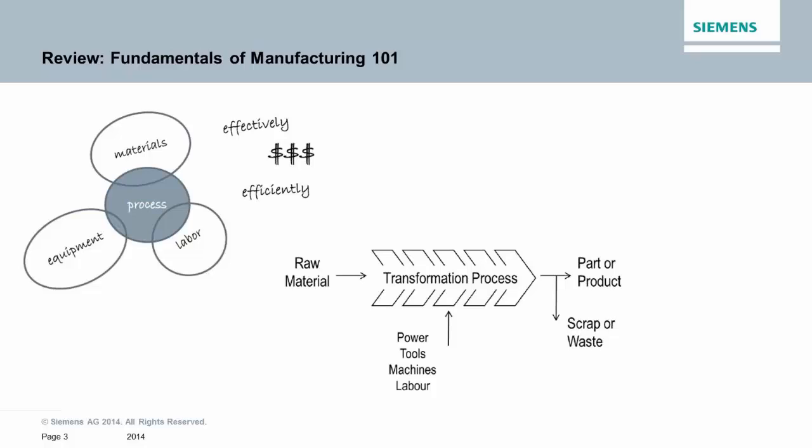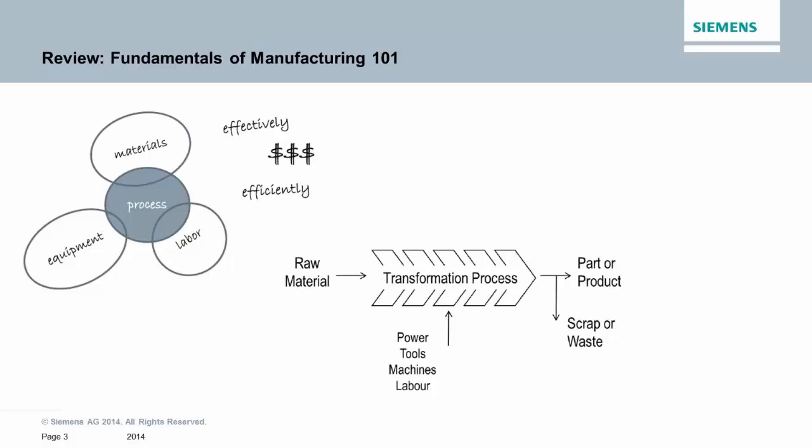So let's review. Some of you may have been part of the webinar series going through the fundamentals of manufacturing. Manufacturing is taking materials, equipment, and labor as input. You apply a process to those inputs, and on the output you've got a part or a product.